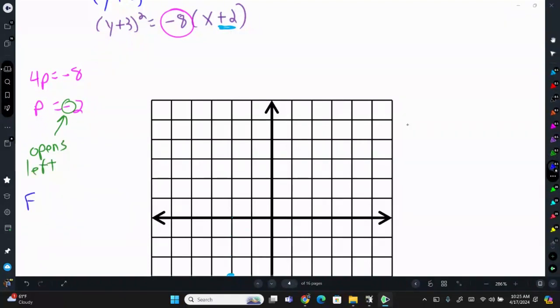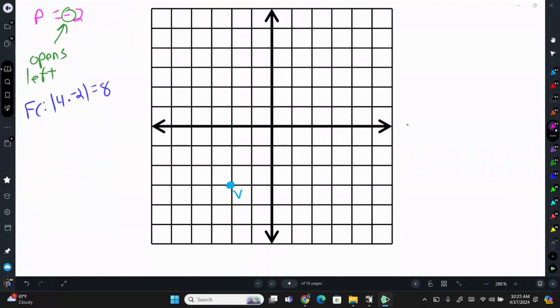So then our focal chord is going to be the absolute value of 4 times −2, which is 8. Alternatively, you could just take the absolute value of the number in front here, and that'll be the length of your focal chord.